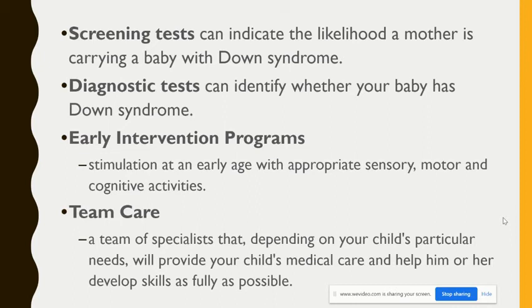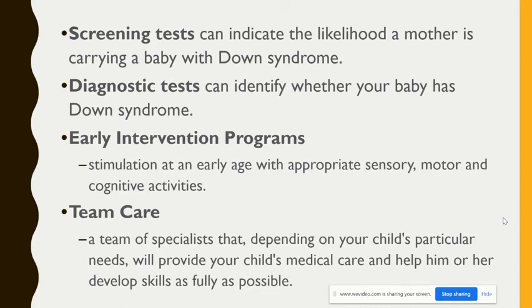Mothers can get screening tests while they're pregnant to see what the genetics of their baby is, to see if they have a likelihood of Down syndrome. And they can measure different parts of the developing baby to see if it's growing within a certain parameter.